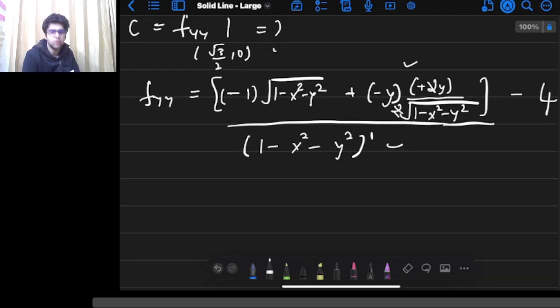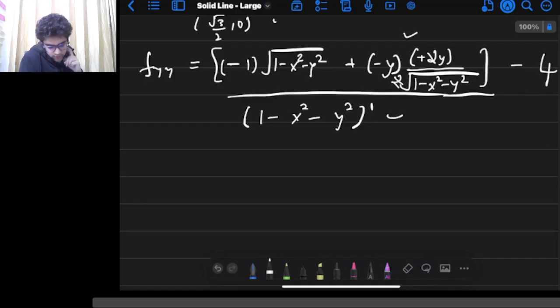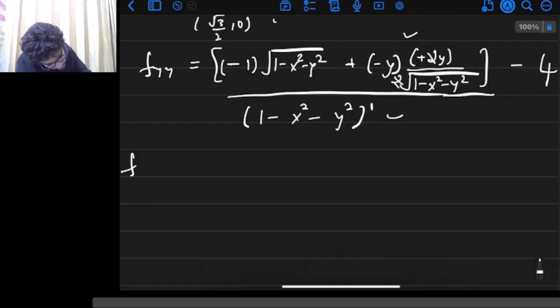Why? Because y is 0, and 1 minus x square minus y square we have already found out. So now let me substitute the value.